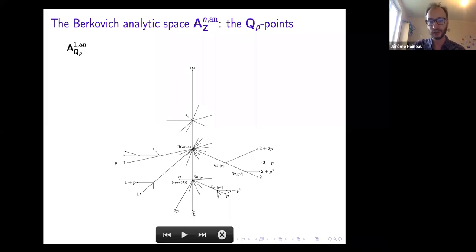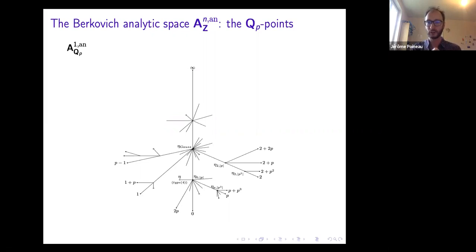So for instance, if we start with the point 0 downstairs, how are we going to draw a path between 0 and the point 1? We just use disks. To each disk, using the supremum norm, we can define a point in the Berkovich space. So say we start with 0, we can identify 0 with a disk of center 0, radius 0.